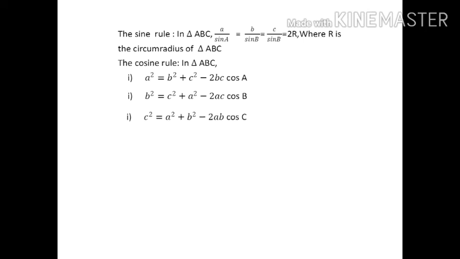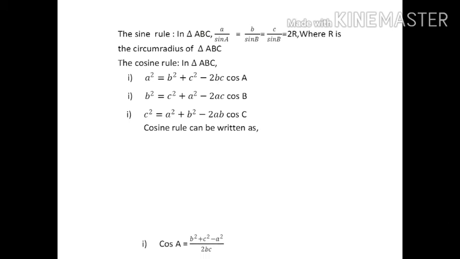The cosine rule can be written as cos A is equal to b square plus c square minus a square upon 2bc. Similarly, cos B is equal to c square plus a square minus b square upon 2ca.